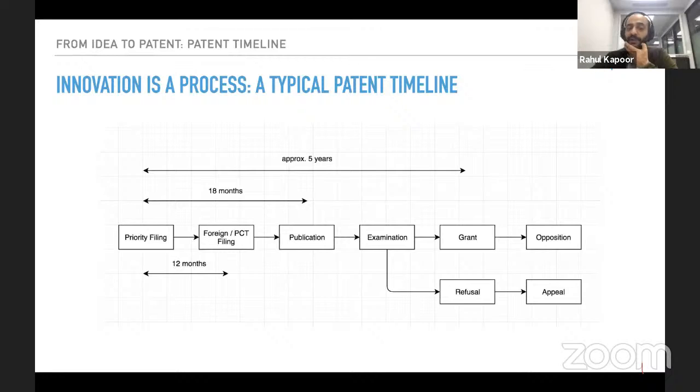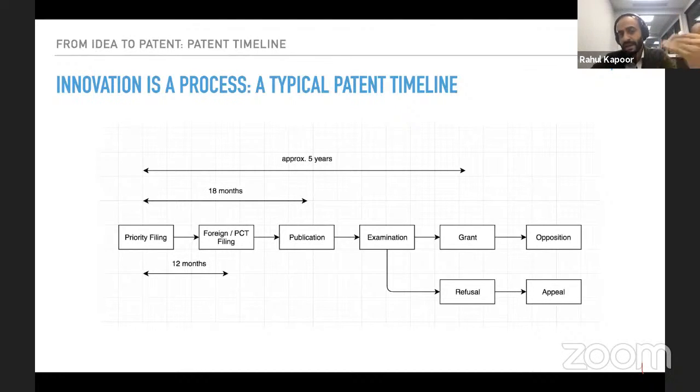Usually 18 months after filing, your invention is published by the patent office. That means it becomes public. That's when it comes into the database. After publication, there's an examination process where skilled examiners conduct prior art search and everything to establish the patentability criteria, that your patent satisfies all the criteria.